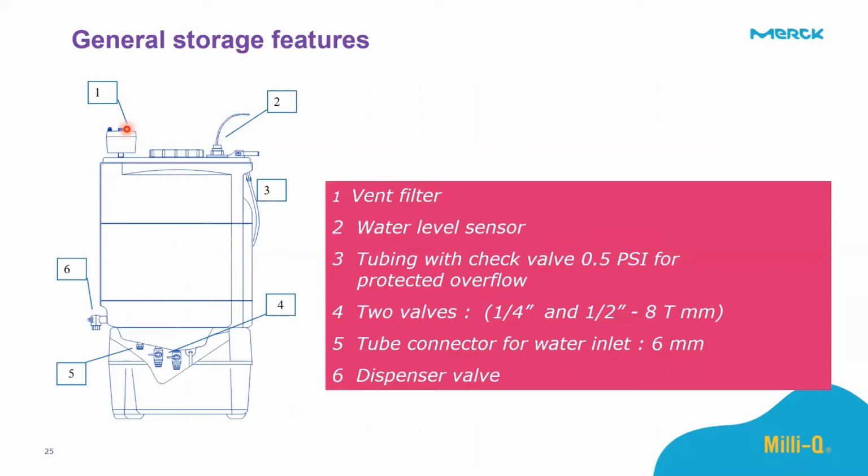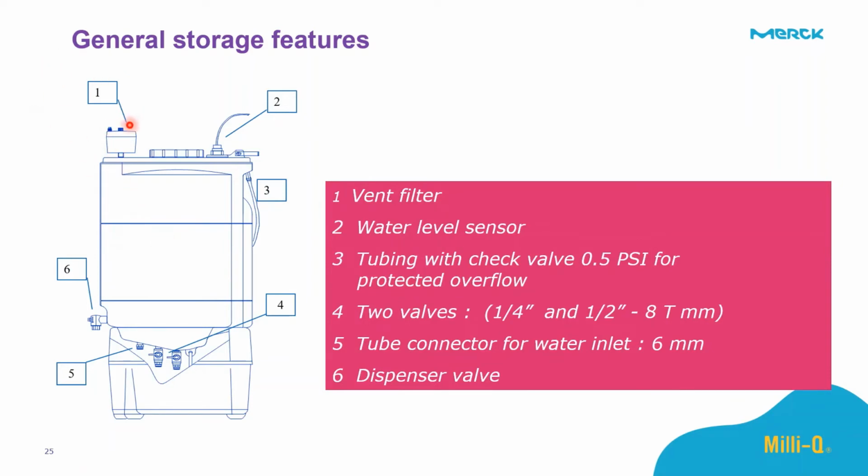What is key is first the vent filter. The vent filter really is very important because when water is being filled in this tank by the water purification system, the air inside goes out through the vent. And when you're drawing water from the tank, air comes in to fill that space.